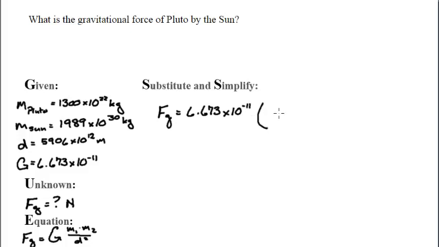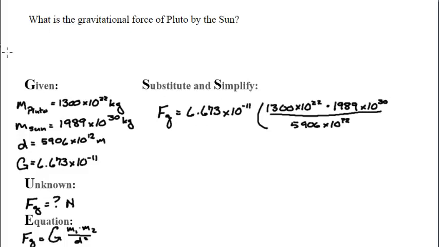I'm going to take the mass of Pluto, 1300 times 10 to the 22nd, and I'm going to multiply it by the mass of the Sun, 1989 times 10 to the 30, and then I'm going to divide by the quantity 5906 times 10 to the 12.